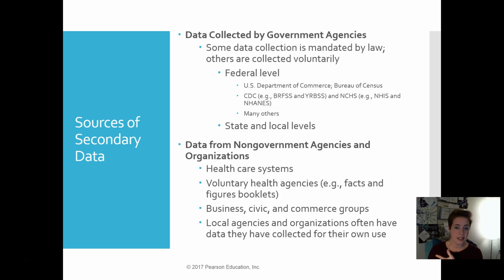Voluntary health agencies, there are a host of them. Civic or commerce groups also sometimes have data that would be useful. And local agencies and organizations collect data. For instance, Planned Parenthood has quite a large data set on STI rates in various communities. It could be a wonderfully helpful data set to look at if that pertains to a needs assessment you are conducting.